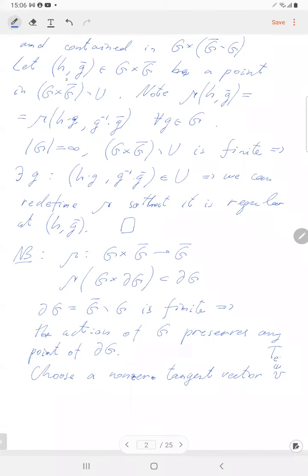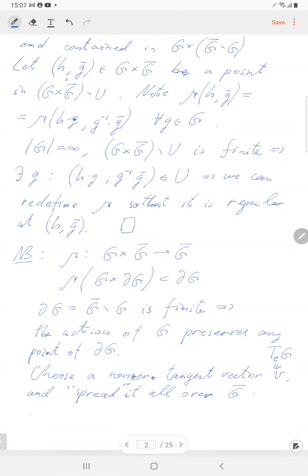Well, let me call it E. We have a tangent space at the neutral element, at the unit of our group. We take this non-zero tangent vector and, so to say, spread it all over G bar. So what does it mean?